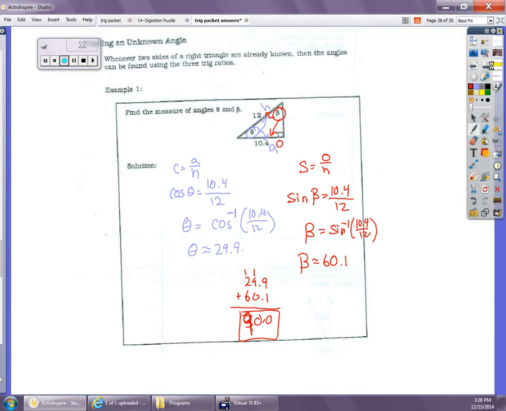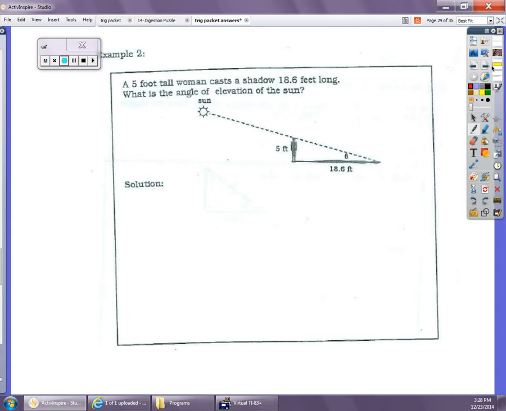So if we look at the next one, an application problem, a 5-foot tall woman casts a shadow that's 18.6 feet long. What's the angle of elevation of the sun? So that's this angle right here. Elevation goes up from the horizontal. So what we have is we have opposite and adjacent. So that's the tangent of our angle. Opposite is 5.